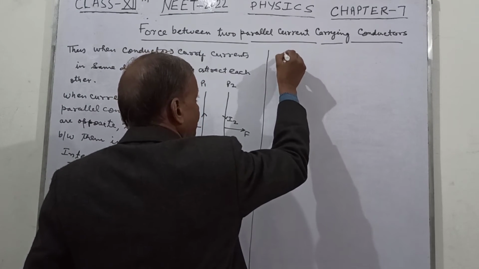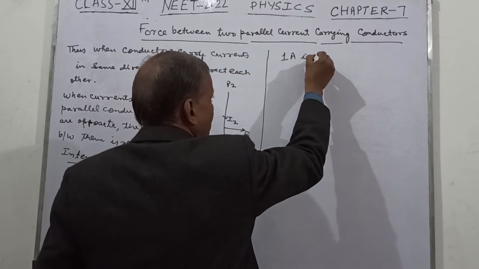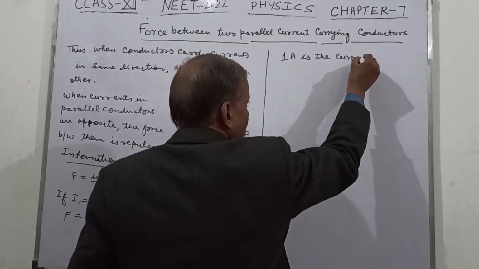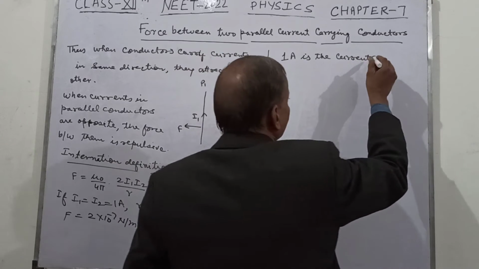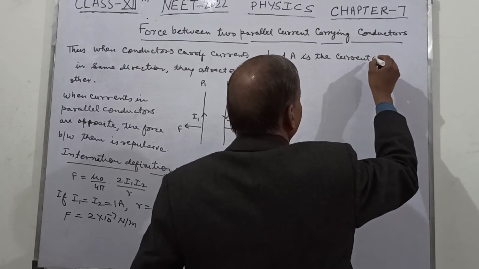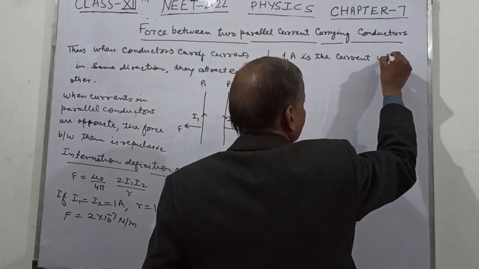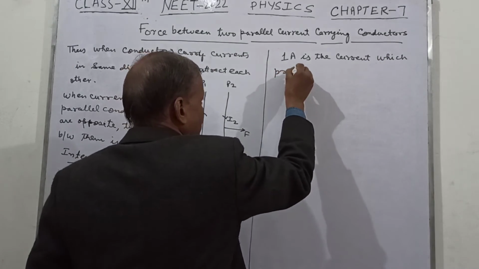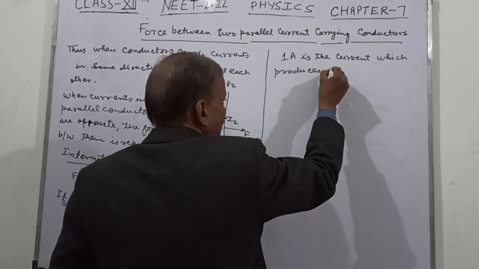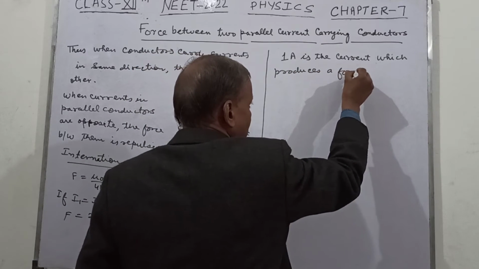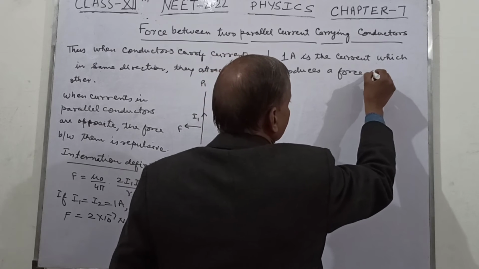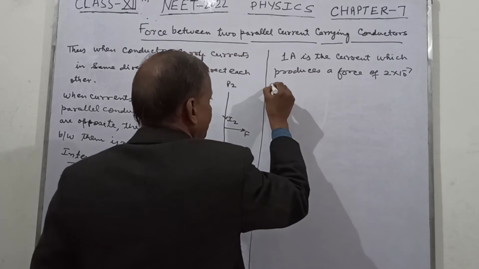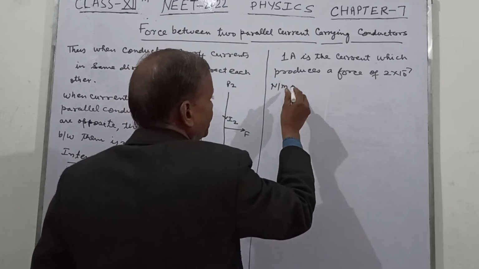One ampere is the current which produces a force of 2 into 10 raised to the power minus 7 Newton per meter.